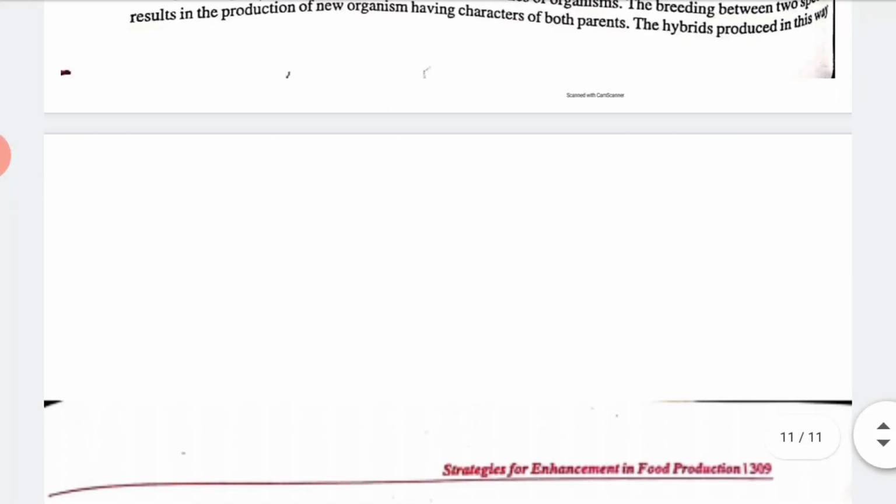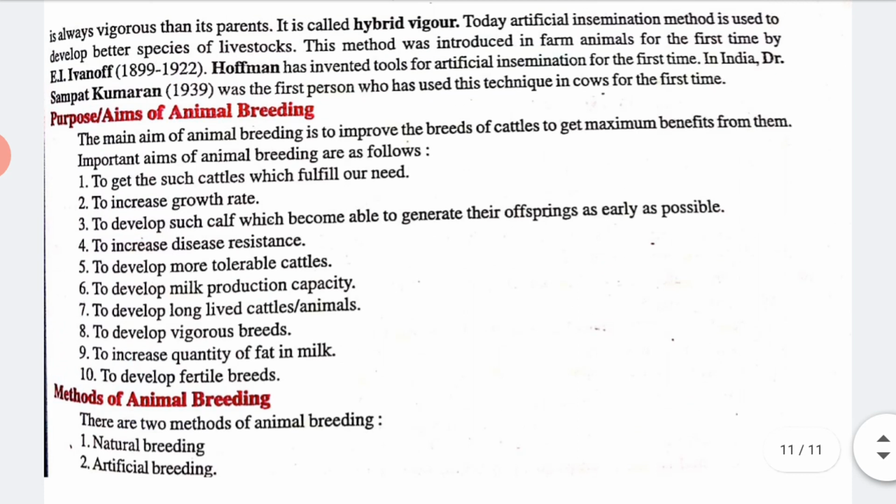So all these are the aims and purposes of animal breeding. Okay, is it clear? Yes.